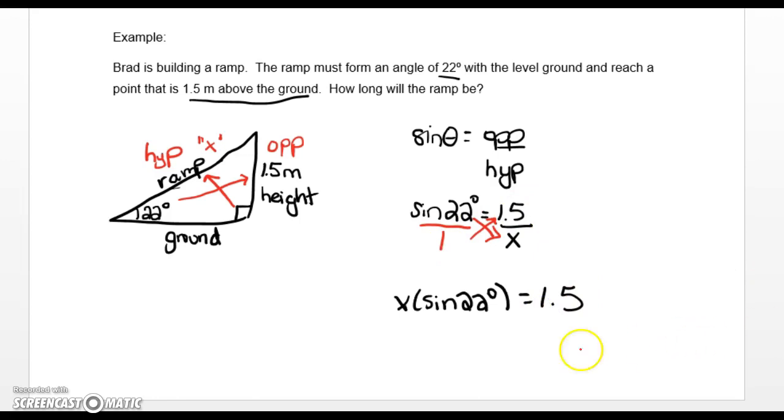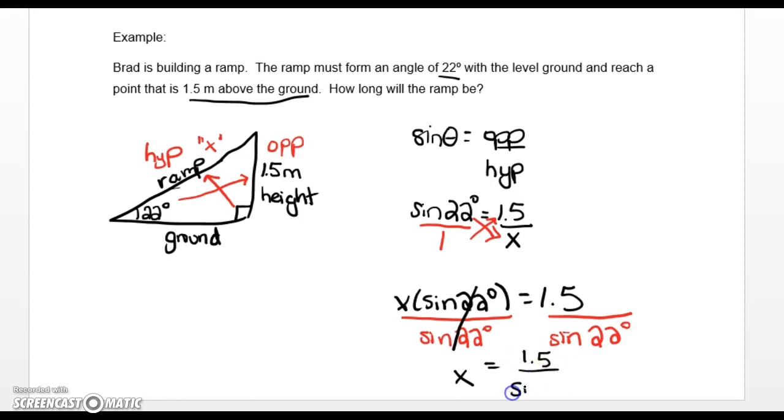Then I want to get my variable all by itself, so I'm going to divide by whatever's connected with it. So I'm going to divide by the sine of 22 degrees. And what I do to one side, I do to the other, because I want to keep this equivalent. By dividing, that cancels out the sine of 22, so I'm left with just x is equal to 1.5 over the sine of 22.